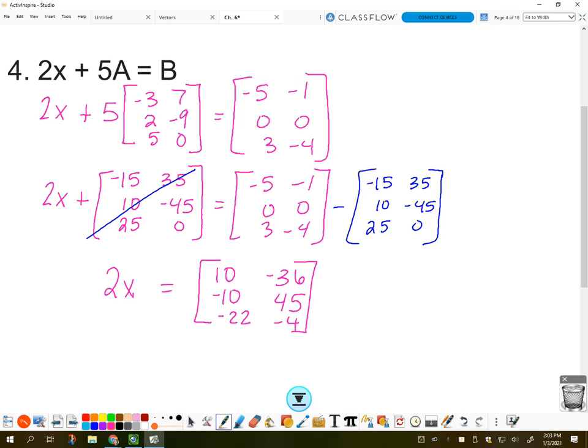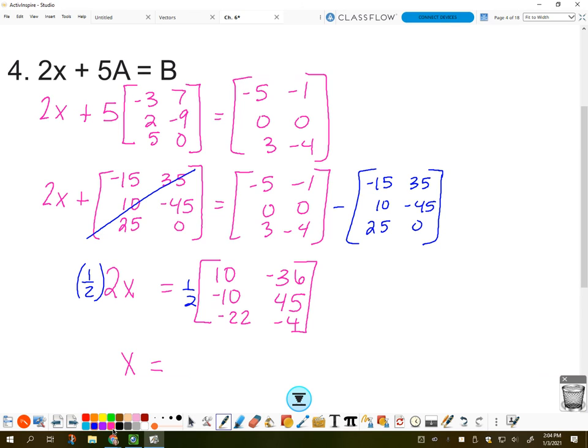Okay, so we want to divide by 2. Well, we don't really divide with matrices, but we know that if we multiply by a half, that's the same thing as divide by 2. That still gives me just plain old x. I need to erase just that. Okay. So we have x on this side, and over here, we're going to multiply by a half.